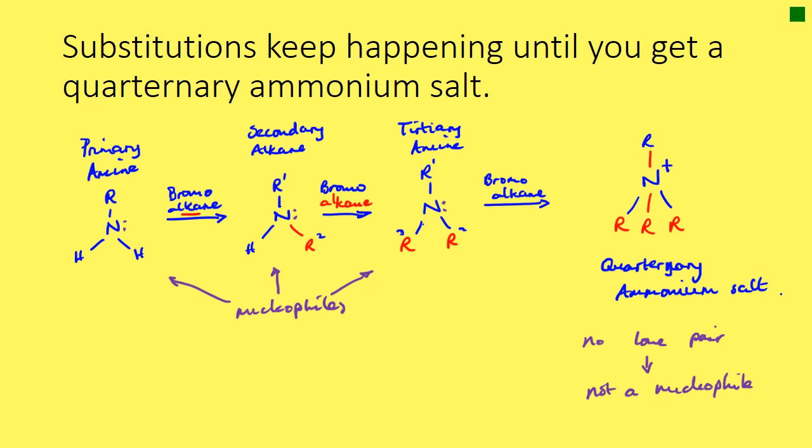We could also get a quaternary ammonium salt, which of course leaves us with a positive charge. That's what makes it a salt. But as well as that was the original alkyl group. These are the two ones that we've already substituted in, but we get a fourth alkyl group, and that would be called a quaternary ammonium salt.